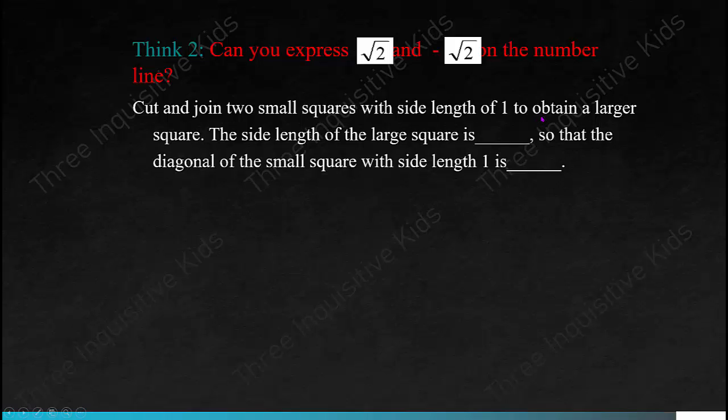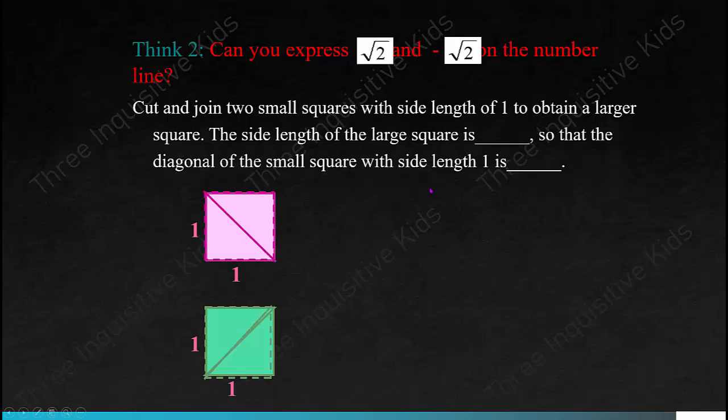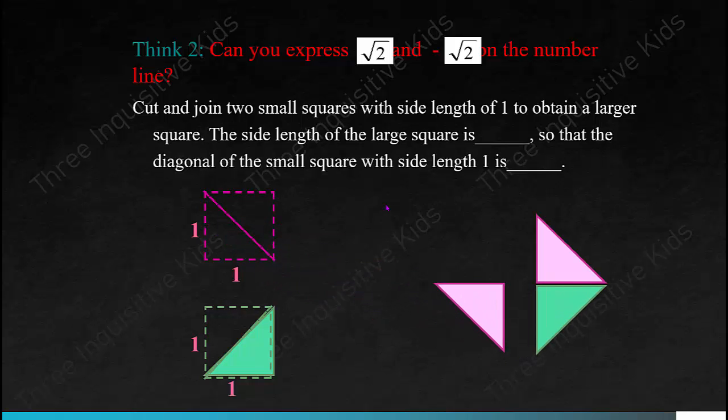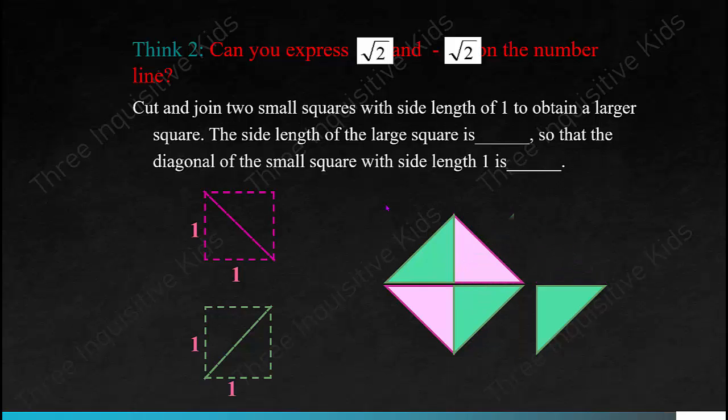The side length of the large square is the diagonal of the smaller square with the side length 1. So these are the two small squares. And then you take 1/2 of that, 1/2 of that, and you just put them together as shown. So then you would have this shape.